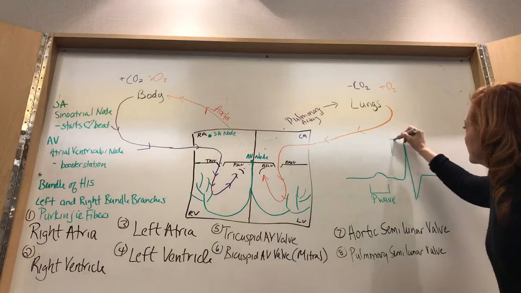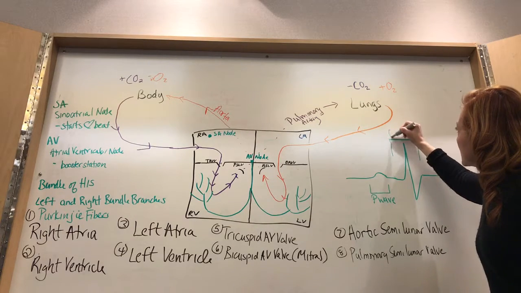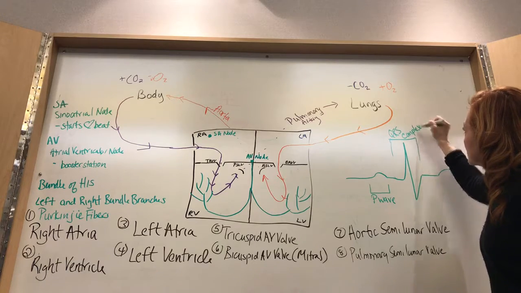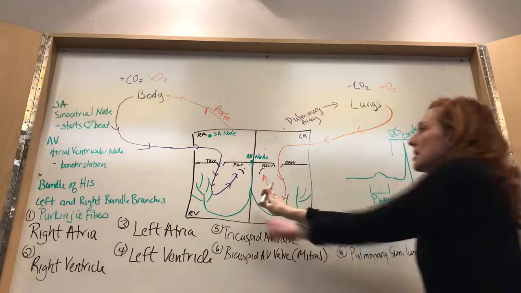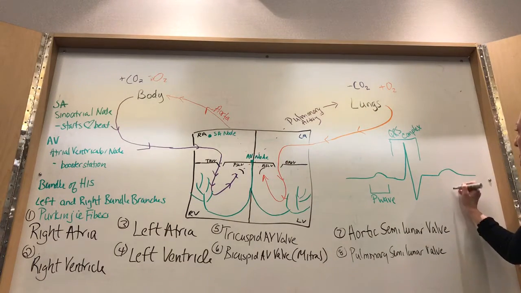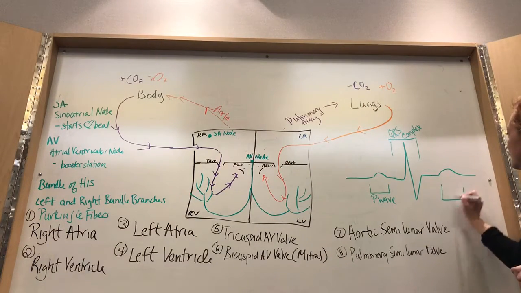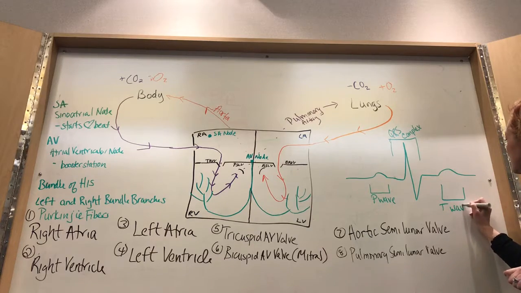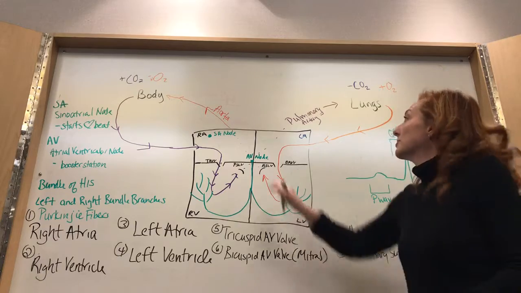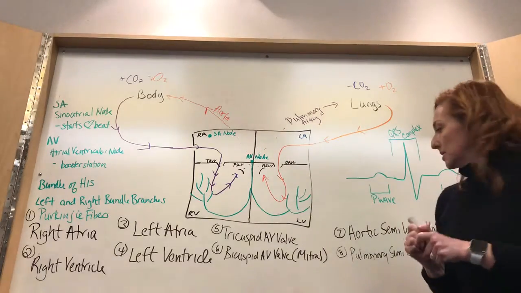Right here is the QRS complex. And this represents this electrical activity squeezing the heart. And this is the T wave, which is when the electrical activity of the heart resets itself to go here again.